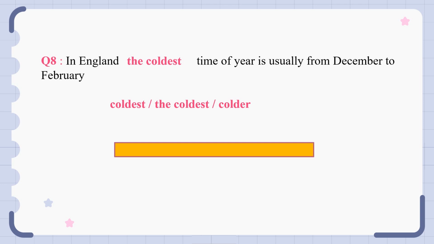In England, the coldest time of year is usually from December to February. Why? Because the coldest is the superlative form of cold that we need for our sentence. However, colder is used for comparison between only two things, which is not our case.